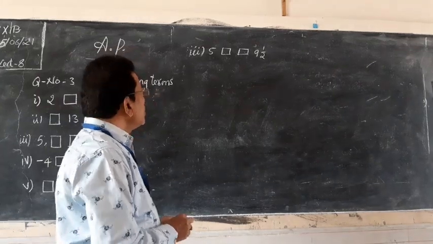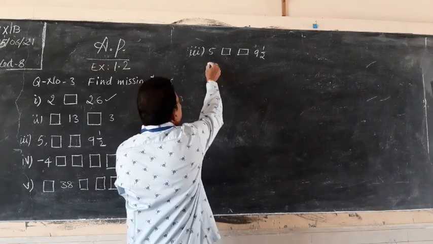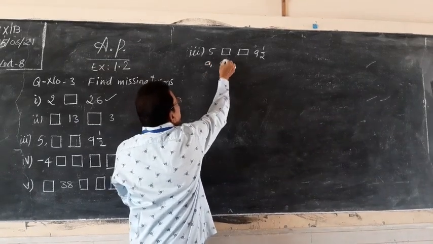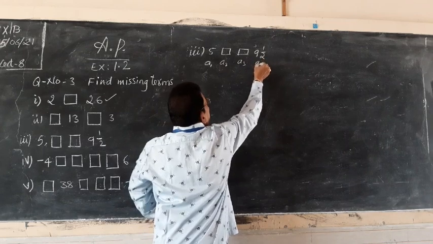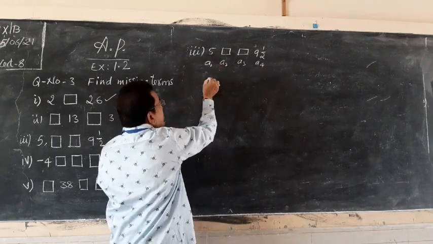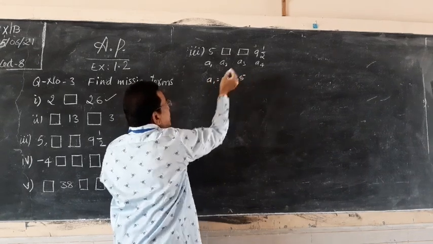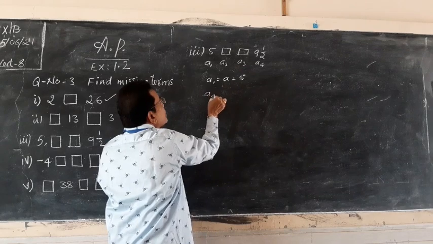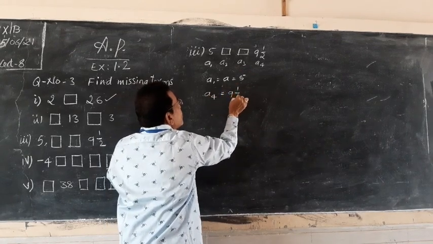Okay, now the third one, a1, a2, a3, a4. See, let us write which they have given. a1 means that is a equals 5. Then a4 equals 9 integer 1 by 2.